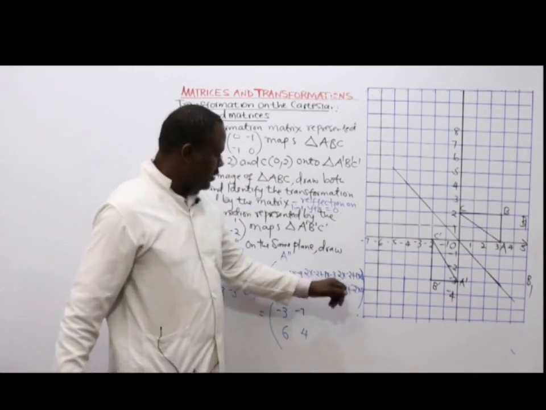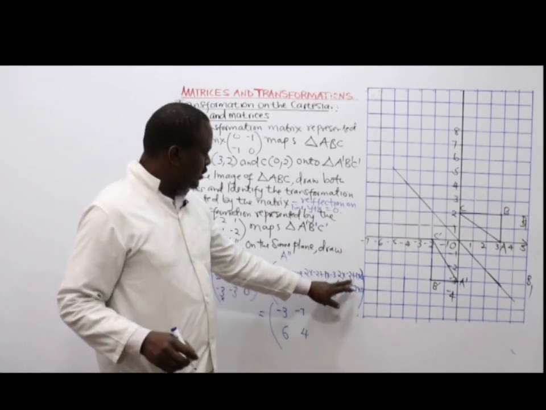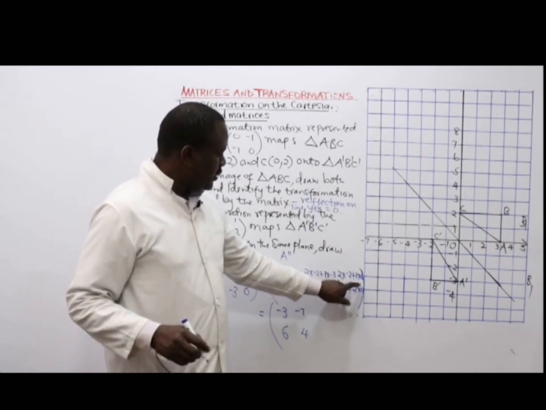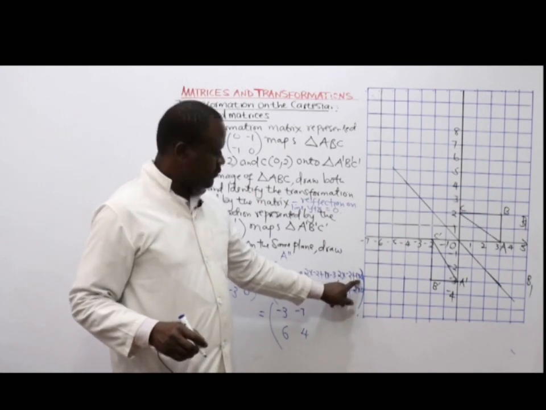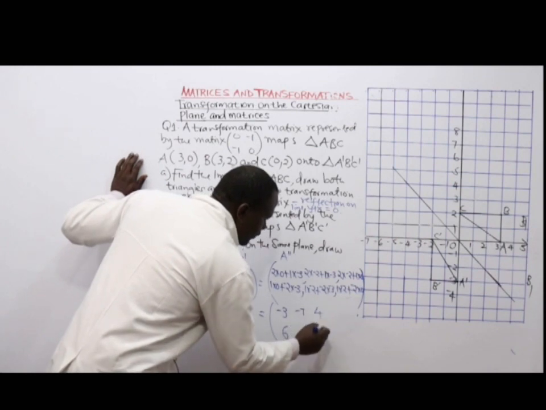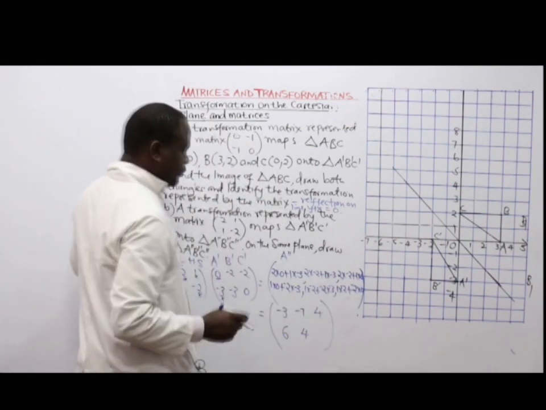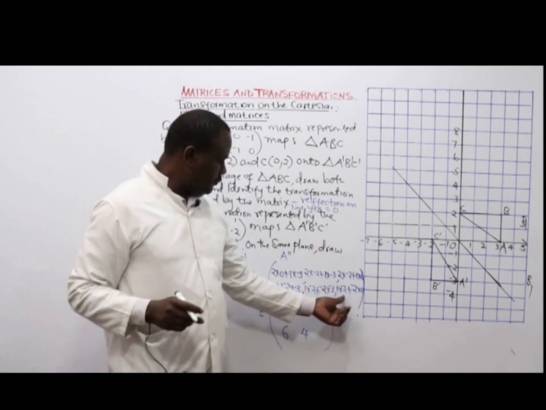You go to this one. Now, 2 times negative 2 is negative 4. Negative 4 plus 1 times 0 is 0. So we get negative 4 because of 0. 1 times negative 2 is negative 2.